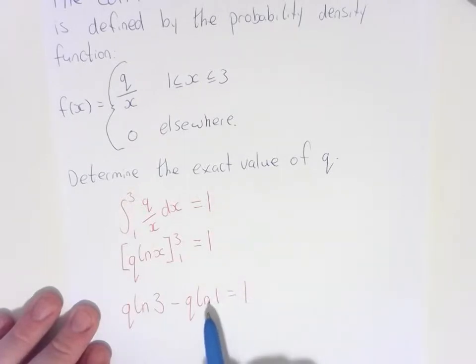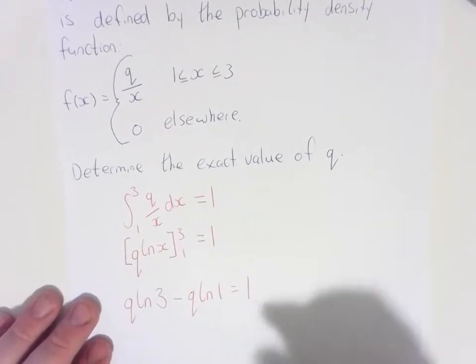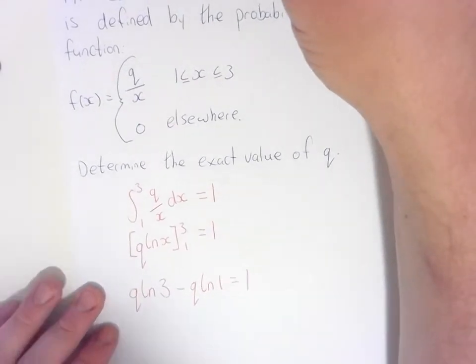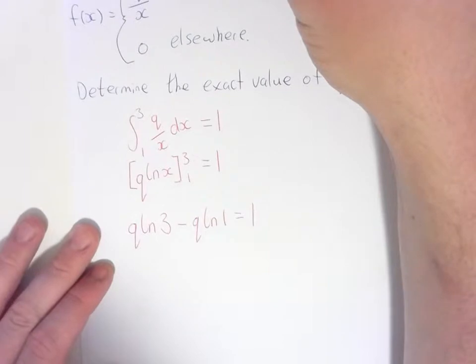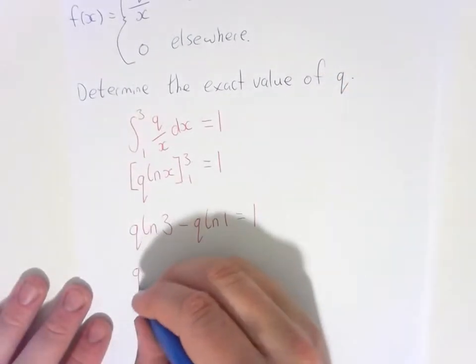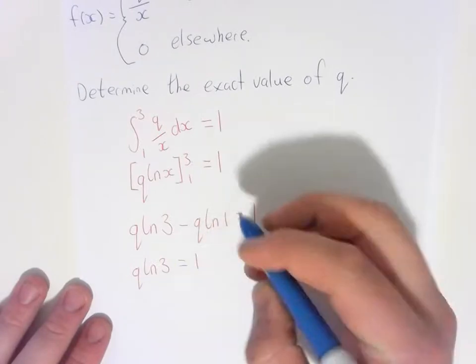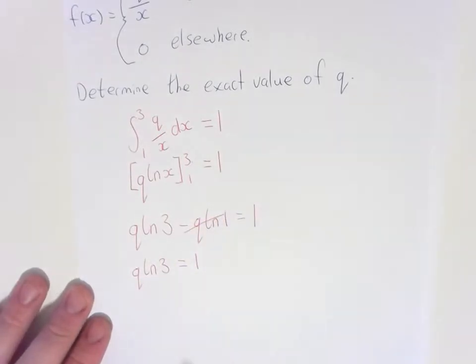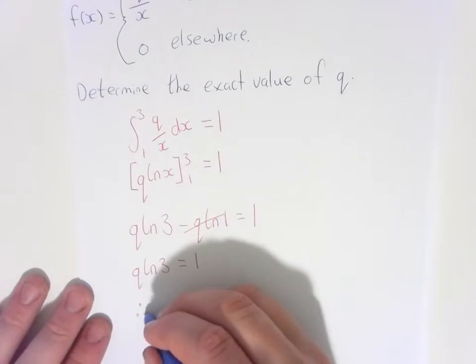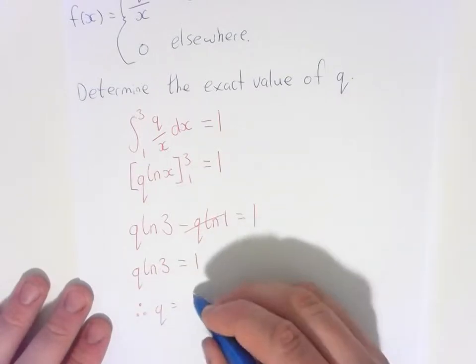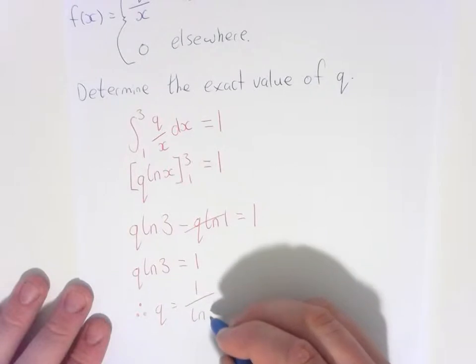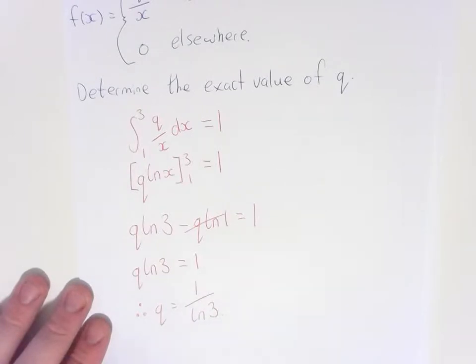Now the natural log of 1 is equal to 0, so we can simplify further: q natural log of 3 is just equal to 1. So therefore q is equal to 1 divided by the natural log of 3. And that is your final answer. The exact value of q, 1 divided by the natural log of 3.